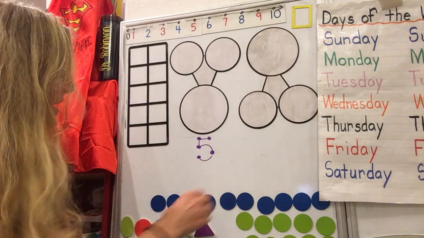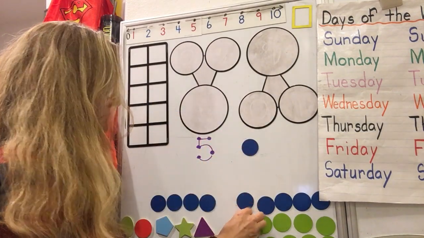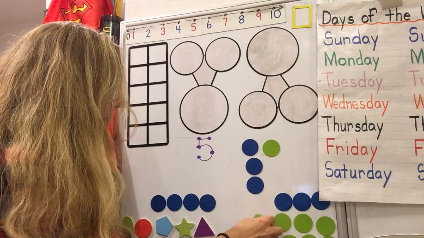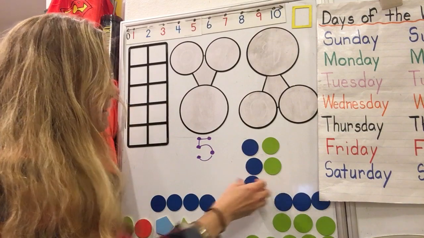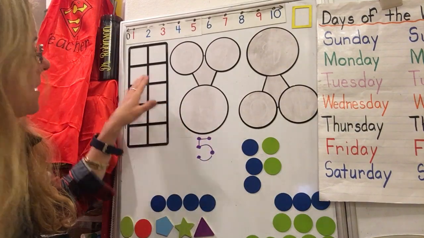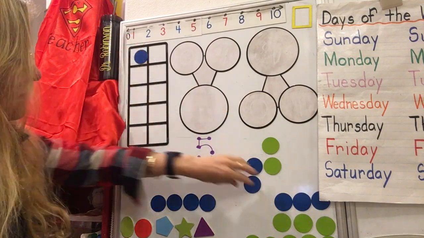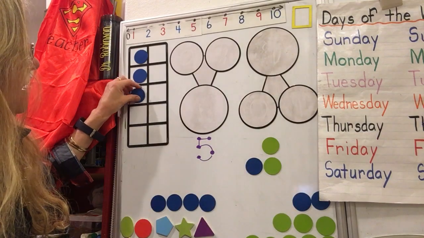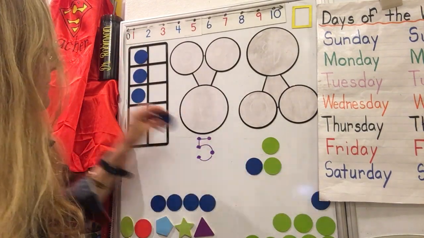Another way that we can show 5 is by using counters. Now this is called an array. So if I put it like that, this is an array. But I could also put those counters into a tens frame. And they could be the same color, or they could be different colors. And if I only used half of the frame, that would be called a fives frame.